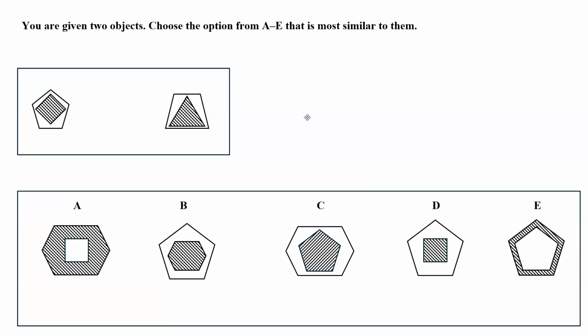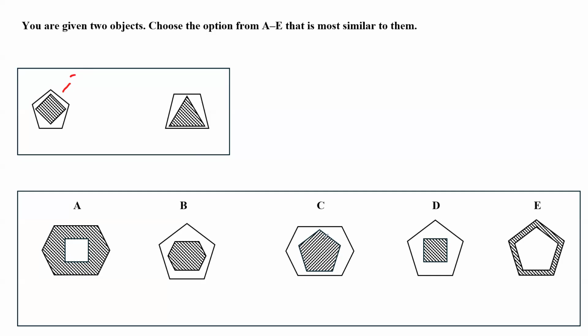Yeah, and I think the answer's D. Because first I looked at the outside shape, and they're both not the same, so it doesn't matter what the outside shape is.